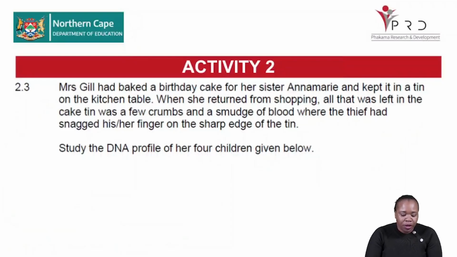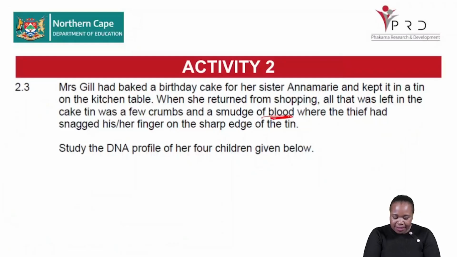Activity 2.3. Now, read this information. Before you get to your questions, read this information, understand what this information says, then you can move on to your questions. Mrs. Jill had baked a birthday cake for her sister, Anna Marie, and kept it in a tin on the kitchen table. When she returned from shopping, all that was left in the cake tin was a few crumbs and a smudge of blood.